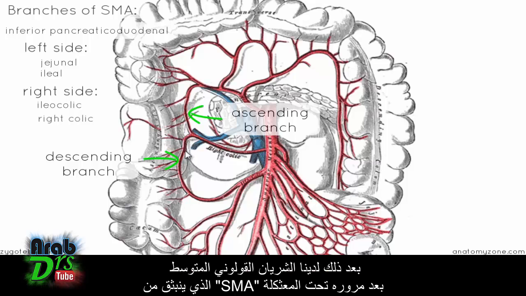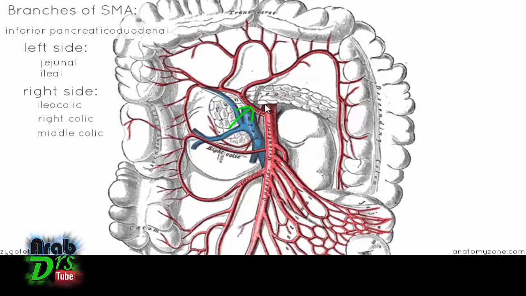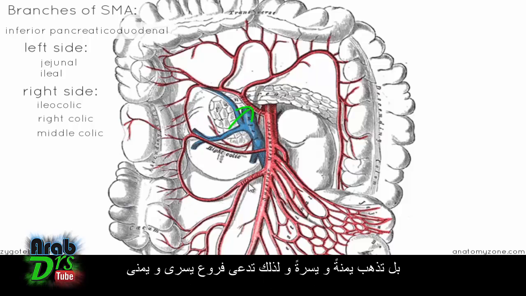So next we've got the middle colic artery, which emerges on the SMA just after it passes underneath the pancreas. And like the other two arteries, it splits into two branches, but these are left and right branches because they don't go up or down like the right colic branches or the iliocolic branches. They go left and right, so they're called left and right branches.